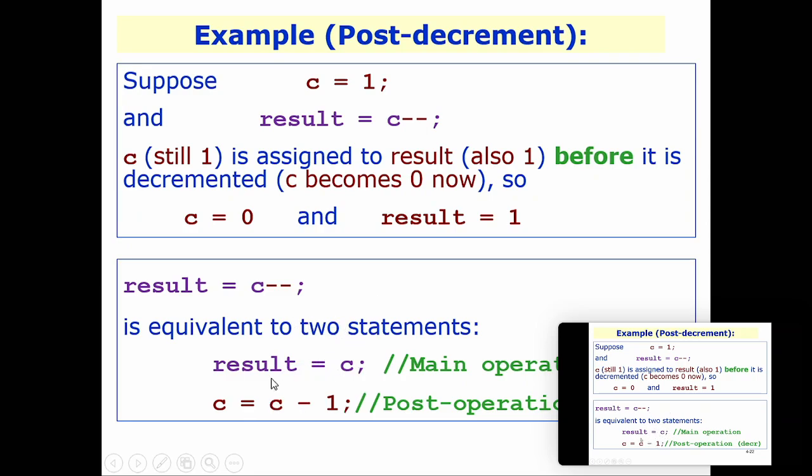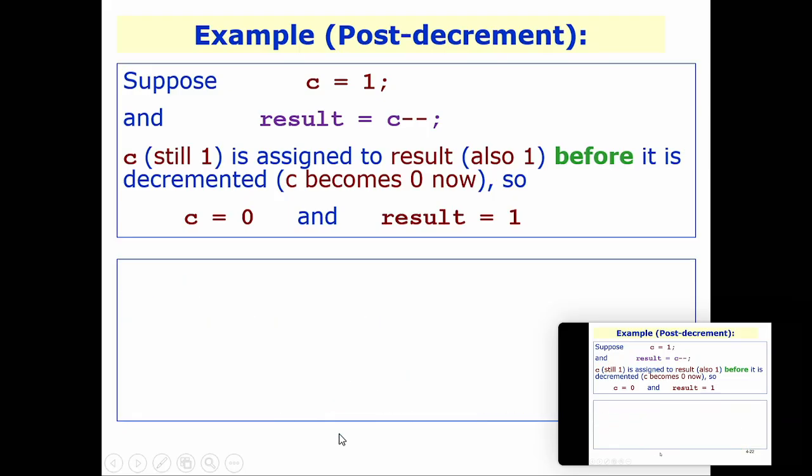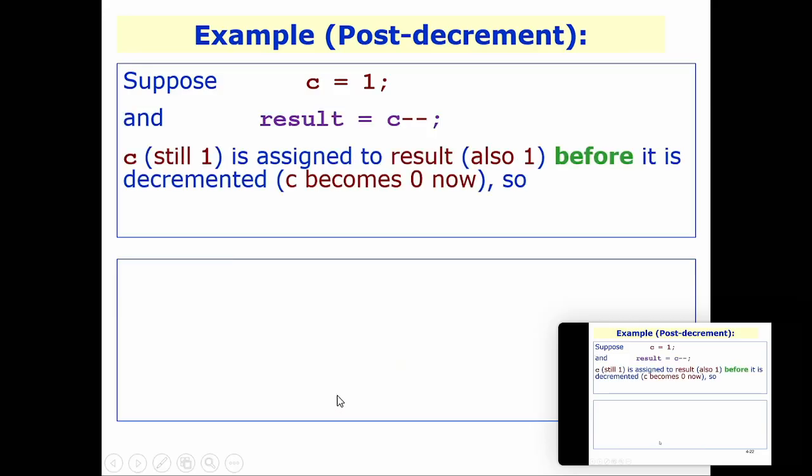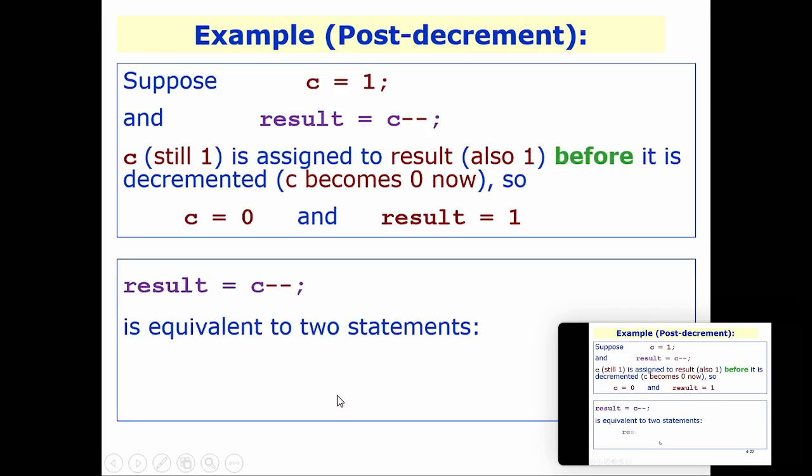So for the post-decrement, assign the value and decrease the value of it. But if you have pre-decrement, decrease the value first and then use it for the assignment. So that's why these two operators make a different result.